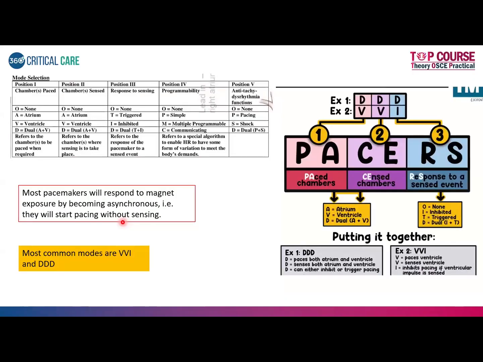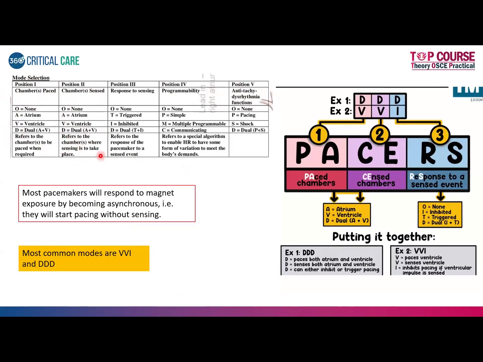Coming to our mode selection. Now, before coming to which mode to do, one needs to know what each of the terminologies mean. So we have the position 1, 2, 3, 4, 5. The first is the chamber paced. It can be none, atrium, ventricle, or dual. Then we have chamber sensed: none, atrium, ventricular, and dual.